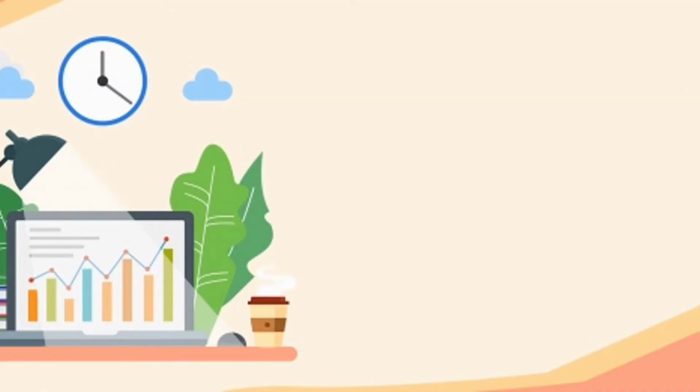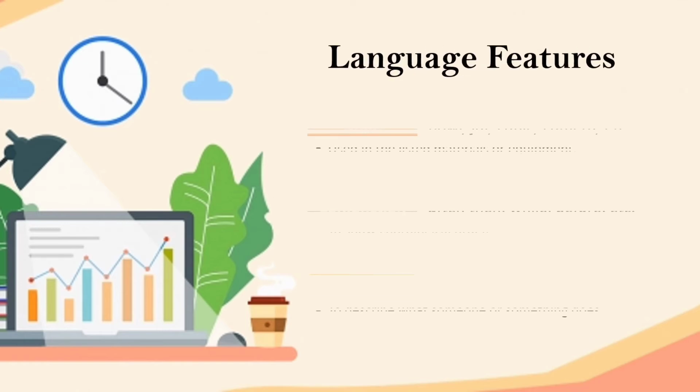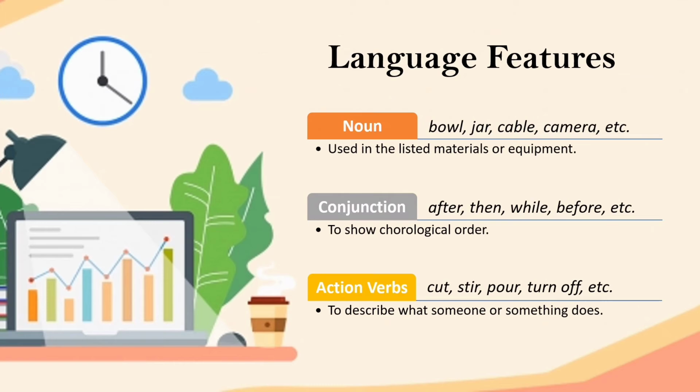There are 6 language features for procedure text, and they are: first, noun, used in the list of materials or equipment. The examples are bowl, jar, cable, or camera. The second one is conjunction.